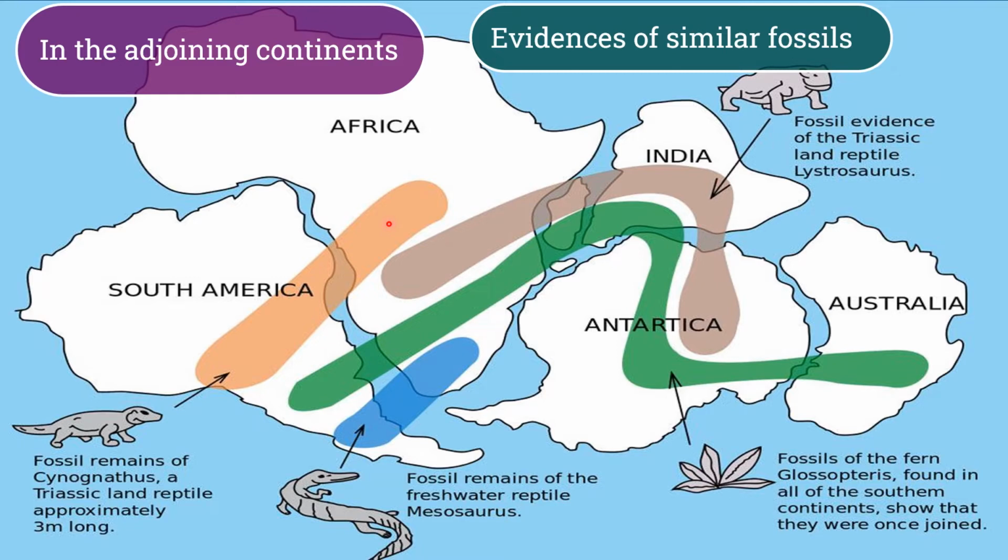It means once upon a time these were adjoined, so that the movement of these animals from South America to Africa to India to Antarctica, or any of the continents which were adjoined, could be possible. So he proposed that if similar fossils are found, it might be the case that these continents were joined together.